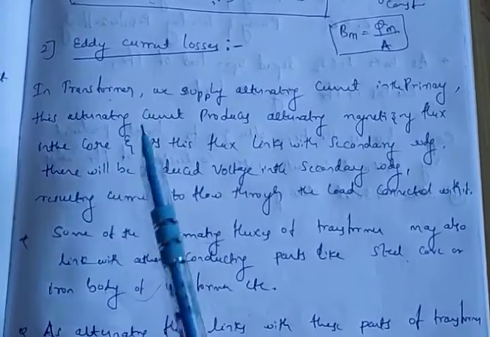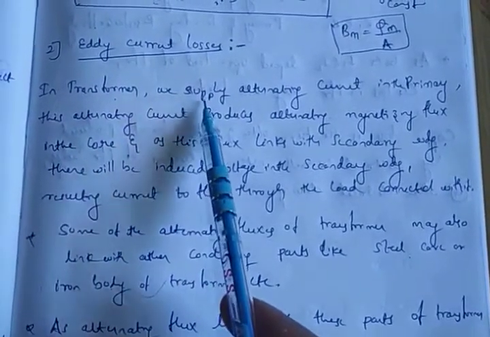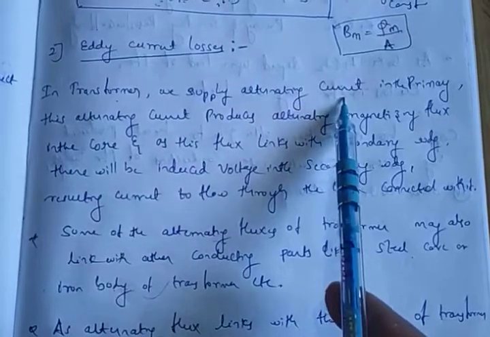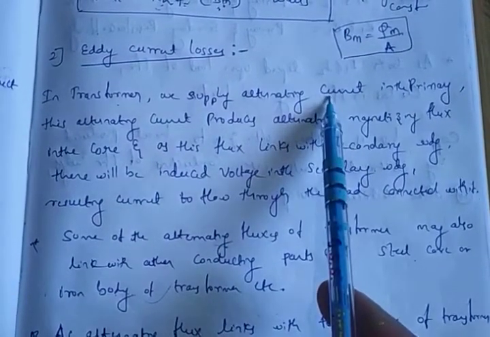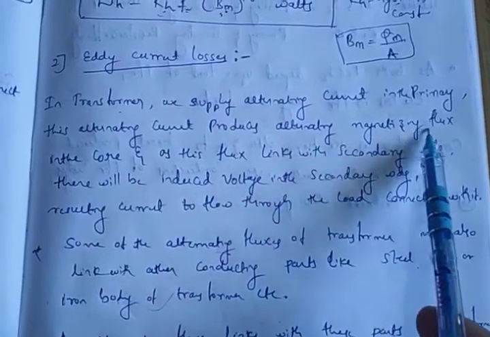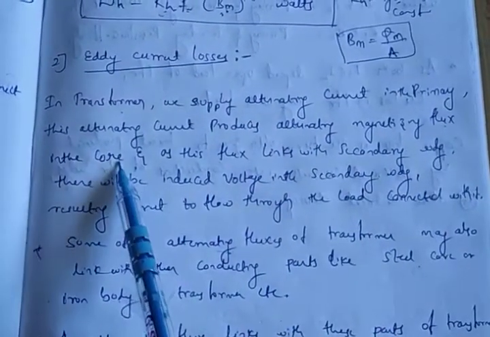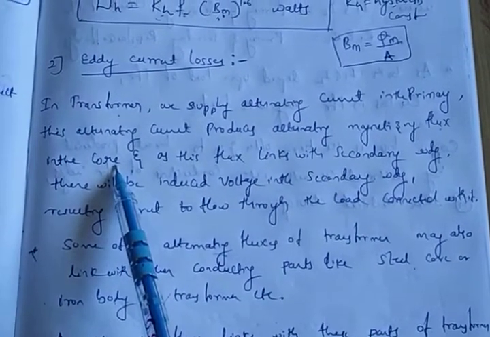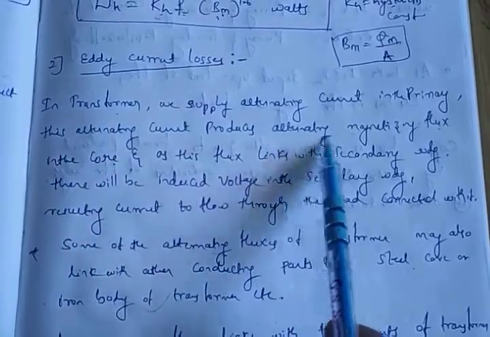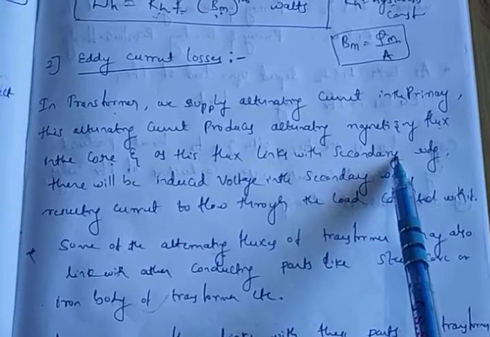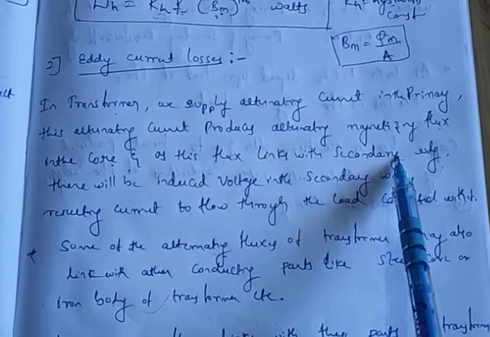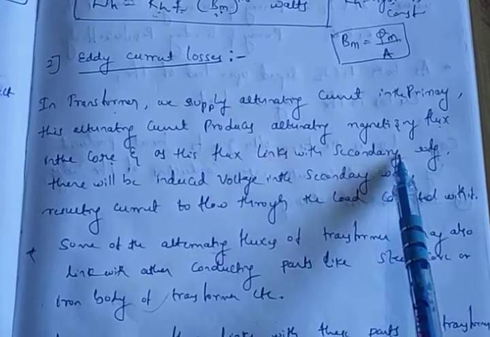As you all know, in a transformer we supply alternating current in the primary side. This alternating current produces an alternating magnetizing flux in the core of the transformer. This alternating magnetizing flux links with the secondary winding due to mutual induction, according to Faraday's electromagnetic induction.